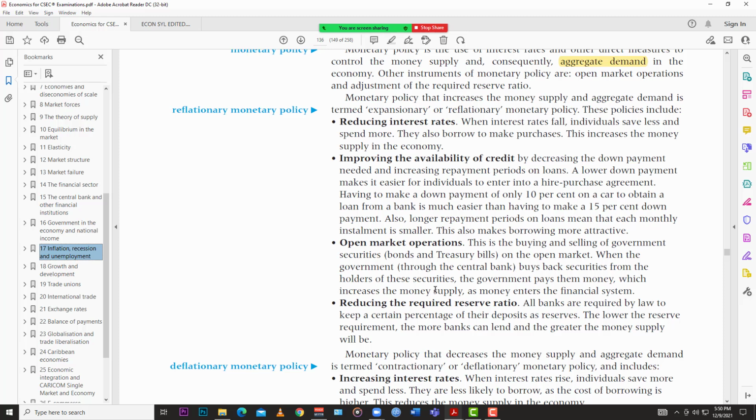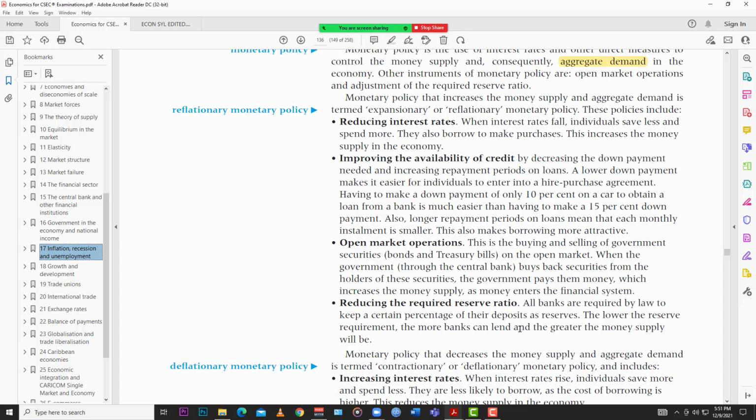And so if the amount that they have to keep back in reserve goes down, then that would mean that they have more money to lend, and so that can lead to an increase in the money supply and an increase in demand. So reducing the reserve requirement ratio: all banks are required by law to keep a certain percentage of their deposits as reserves. The lower the reserve requirement, the more banks can lend and the greater the money supply will be.